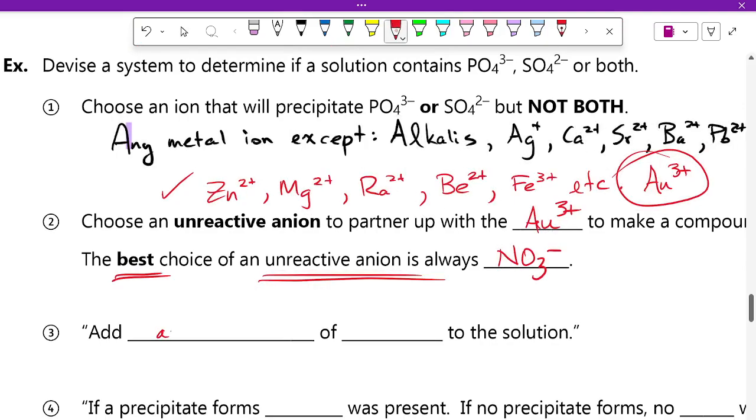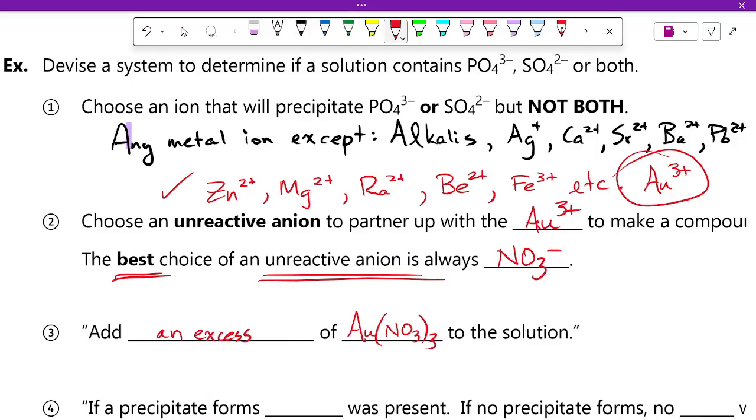An excess of, what's the compound? Au(NO3)3 to the solution. That's solid, that's like neutral gold. This is gold 3+. Okay.